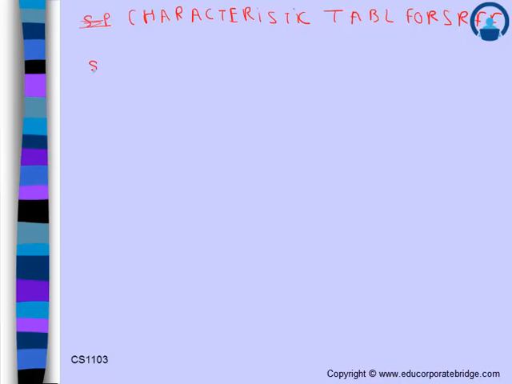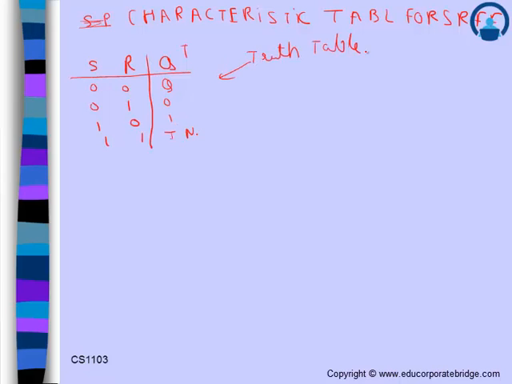Let's say the two inputs S and R are 0 0, 0 1, 1 0, 1 1. Q plus is the next output, as we say, which is Q, 0, 1, invalid. This is the truth table.